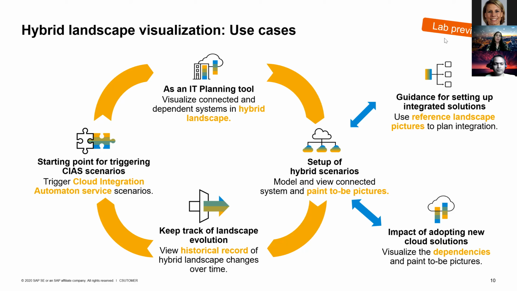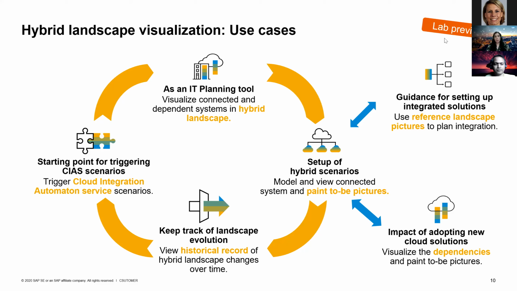We also have cloud integration automation service, which can be triggered from maintenance planner. Maintenance planner already has a diagram representation of the different components involved in cloud integration automation service. Now, you can assign systems and tenants and trigger the cloud integration automation service process also from maintenance planner.